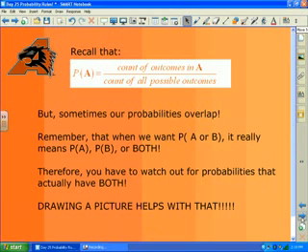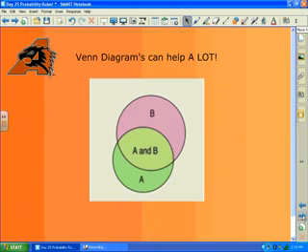But in actuality, the union, A or B, is really probability of A, probability of B, or it could be both if they overlap. Therefore, you have to watch out for those probabilities that actually have both. Drawing a picture will help you with that.